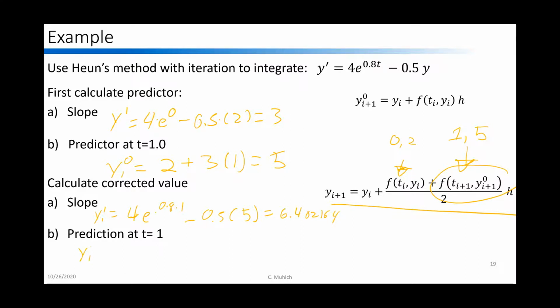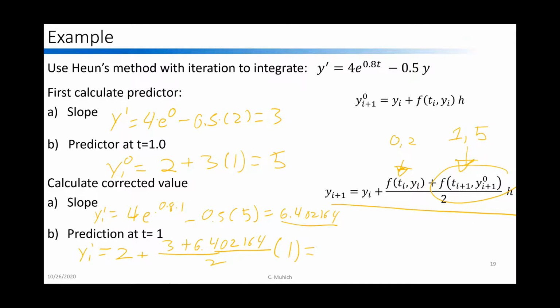So now I'm ready to make my actual prediction at t equals 1. Here we go. We have y at 1 is equal to my old value for y, which was 2, plus my old slope, which is 3, plus my new slope, 6.40264, divided by 2 times h, my step size, which was 1.